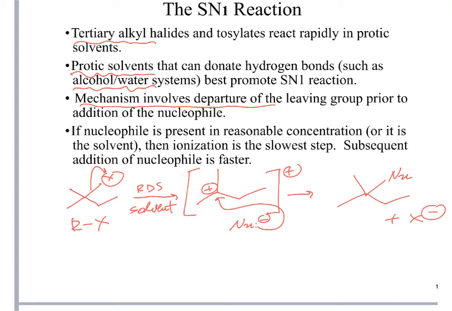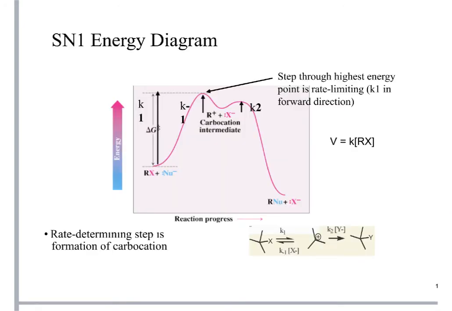Then we'll have to take a look at the three factors that will affect the rate: the nature of the alkyl halide that undergoes the reaction, the type of solvent, and the type of leaving group. So the SN1 reaction follows a potential energy curve similar to what you had seen for electrophilic reactions of alkenes.